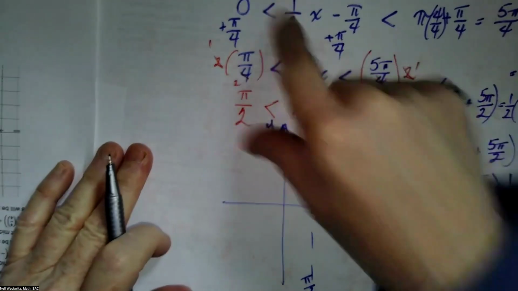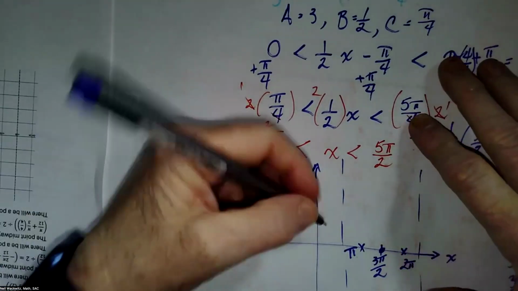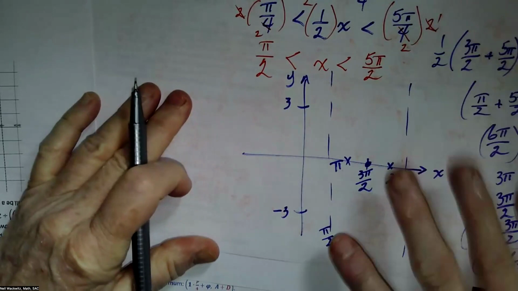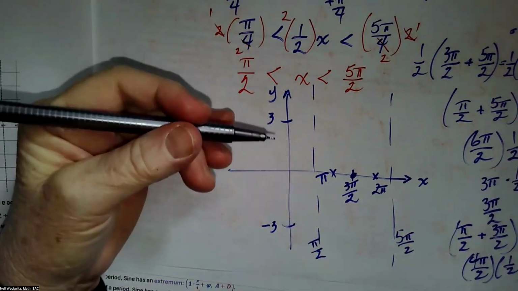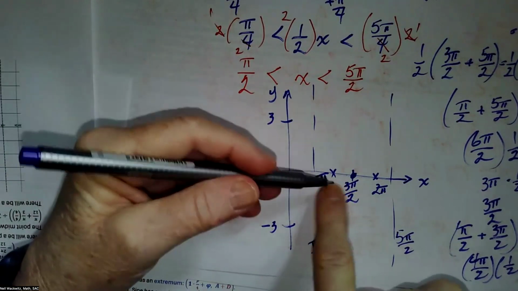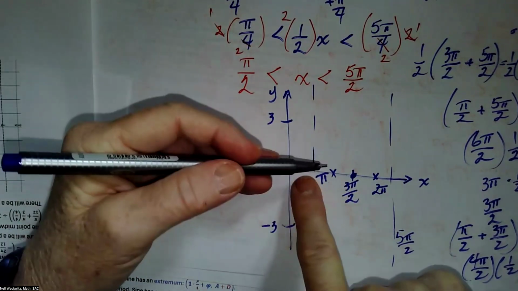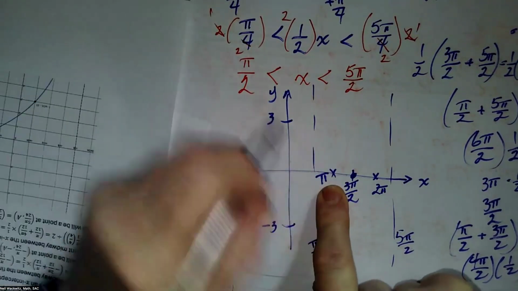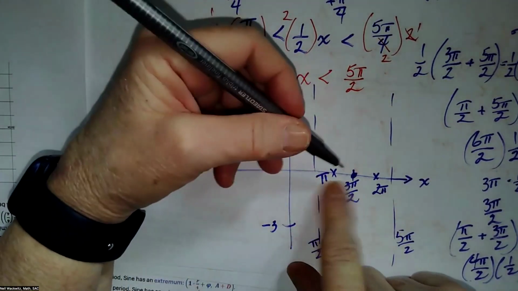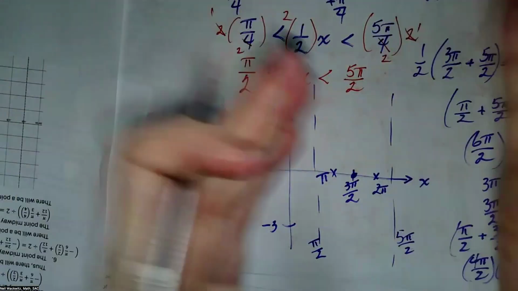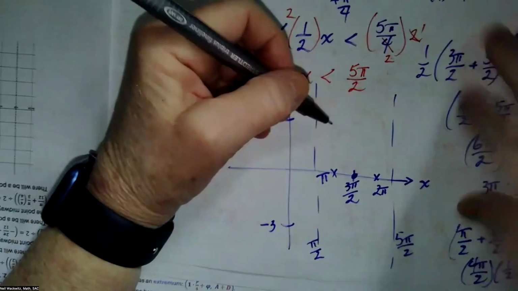We said that A was 3. So it goes the same way. How are we going to make the picture look different though? Let's see. So at pi, I'm in quadrant 1, so I'm up.